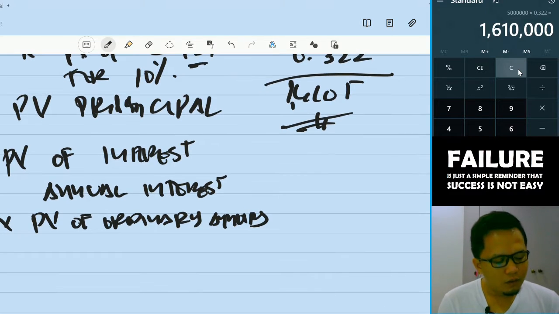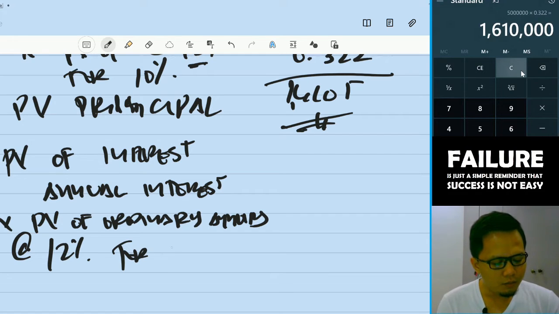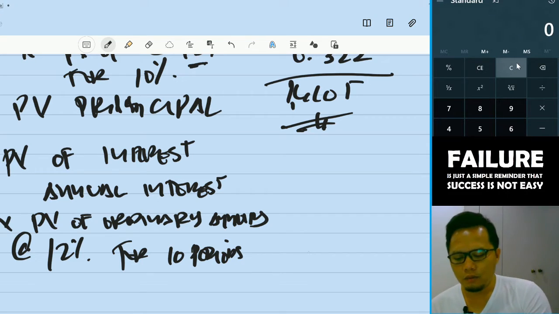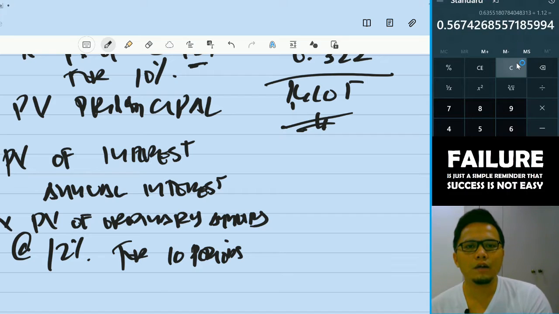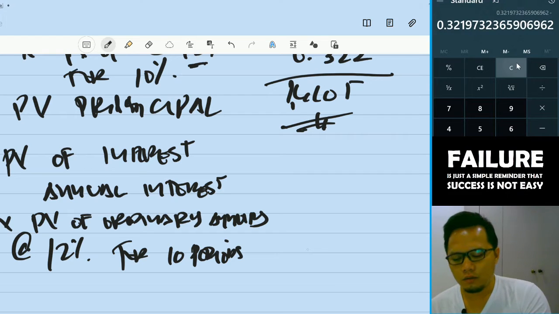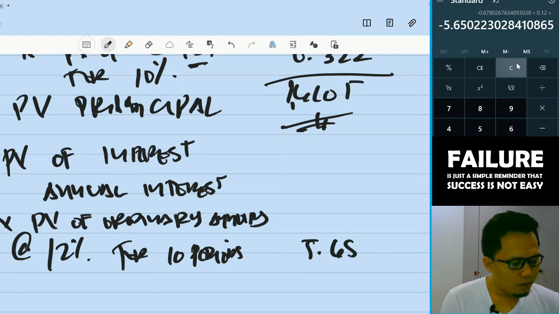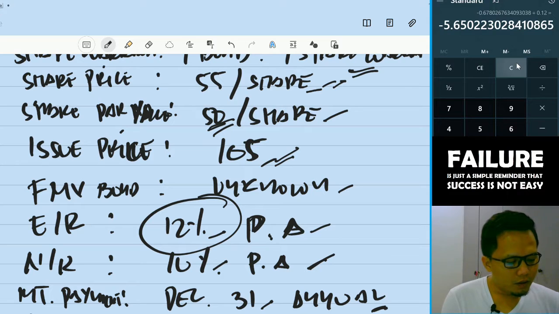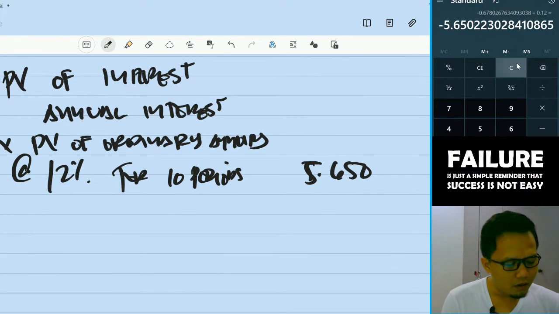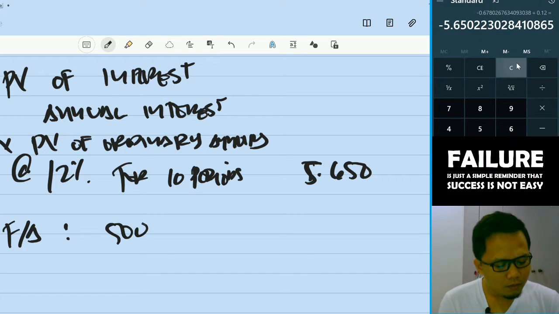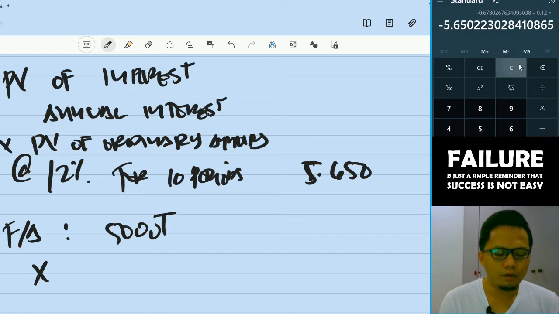The present value of an ordinary annuity at 12% for 10 periods, if we compute manually, is the present value of 1 minus 1, divided by 0.12. So we have 5.650.